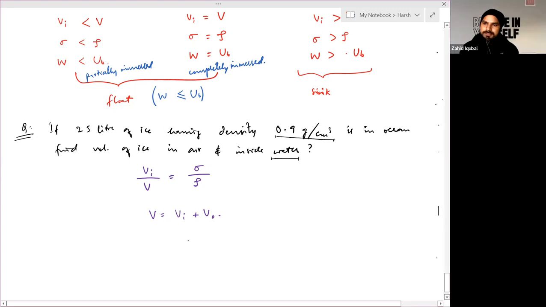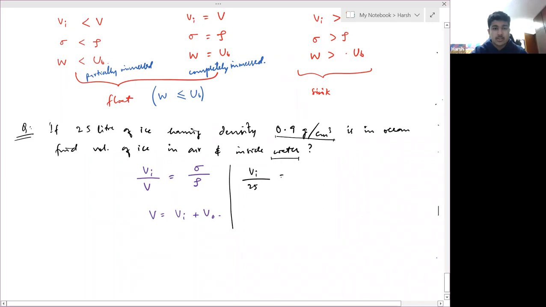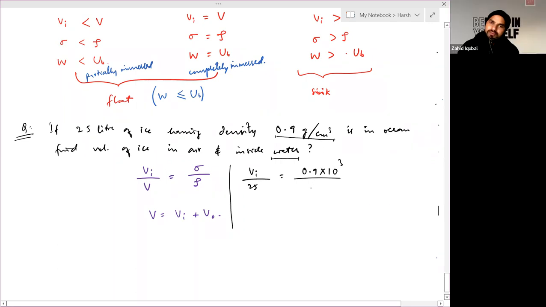Harsh, you got the answer? Sir, I tried to solve it, but I guess I'm getting some calculation mistake. Volume of object immersed we have to calculate. What is the total volume here? 25 liters, yes. Sigma is density of object, that is 0.9 gram into 10 to the power 3, and density of water is just 10 to the power 3.